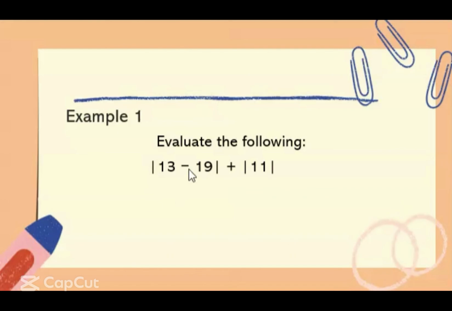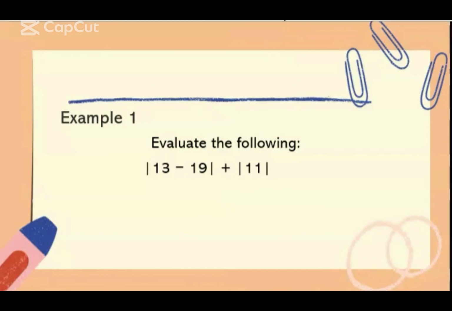Just like this one. 13 minus 19 is equal to... 13 minus 19. What is the answer? Who's that?